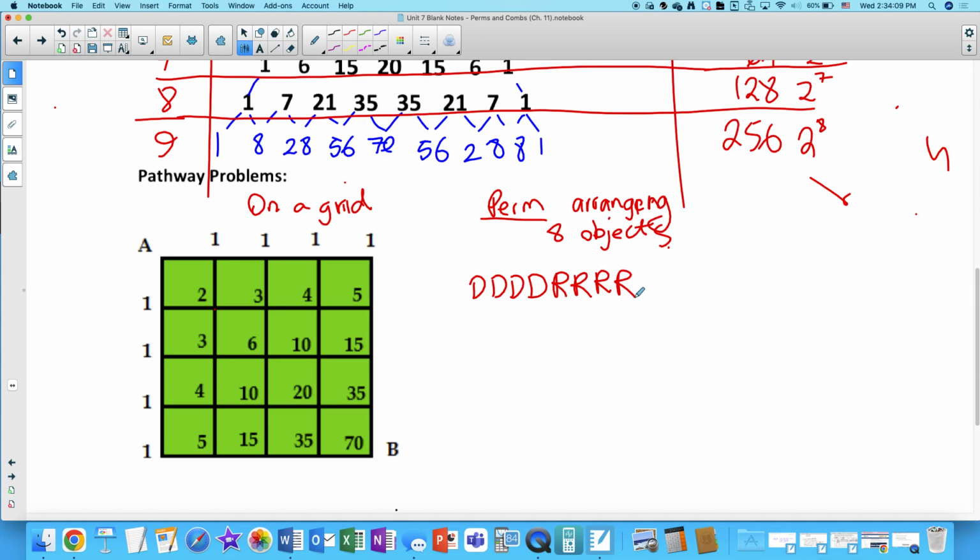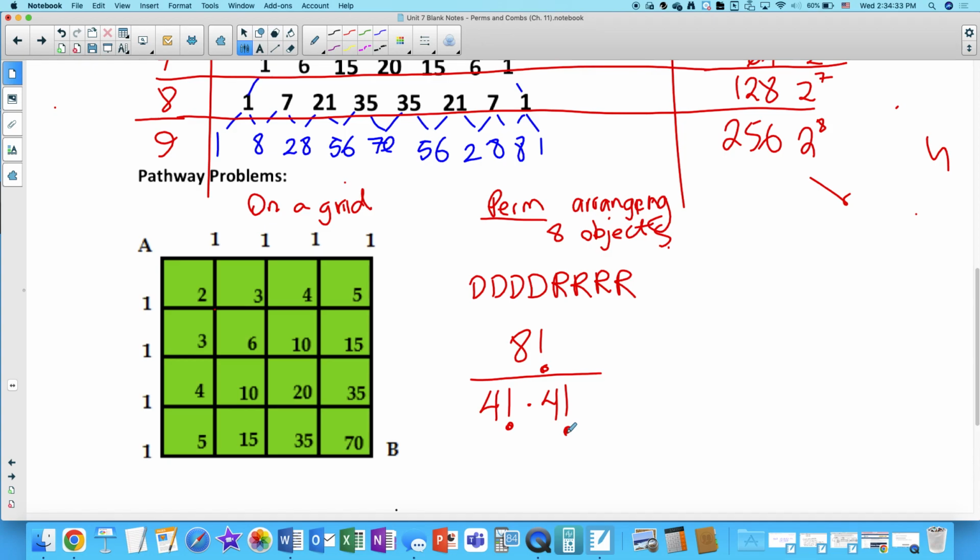If they weren't identical, there would be 8 factorial ways of arranging 8 objects, but then we have to divide out the number of ways that you could arrange each of the identical objects if they weren't identical. So that would be 4 factorial times 4 factorial. So as a permutation, you can think of this problem this way.